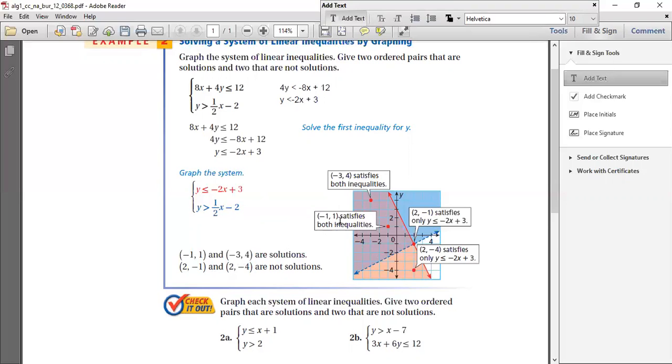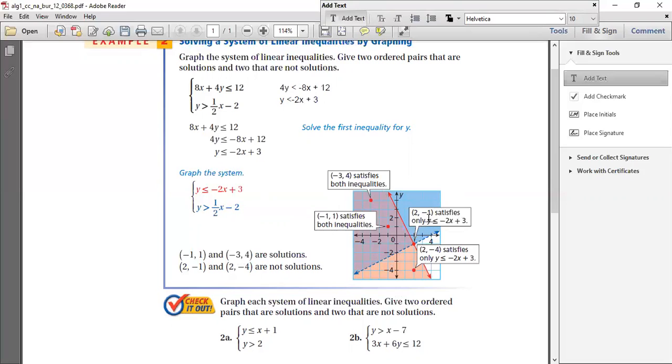Which are not solutions, you will take either from the red part or the blue part, which are not colored by both of them. You will take any. So here they have taken 2 and -1. Why they have taken this? Because this part is not being shaded by both the inequalities, and 2 and -4. So here they have also taken this. You can even take 2 and 2.